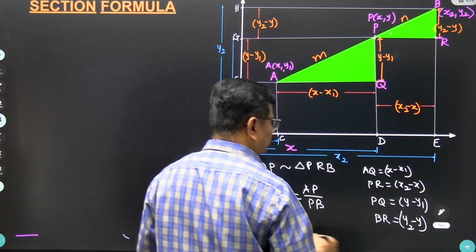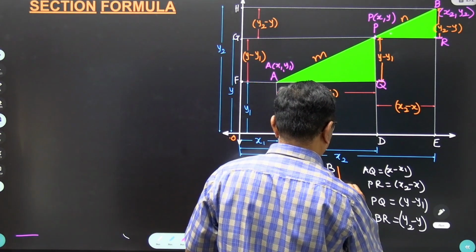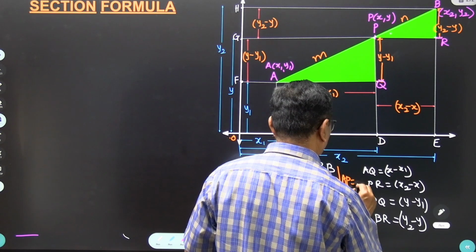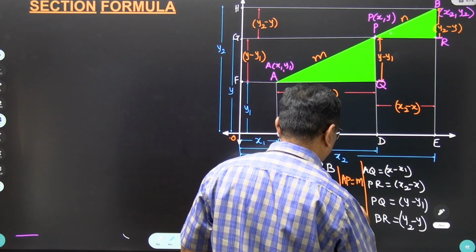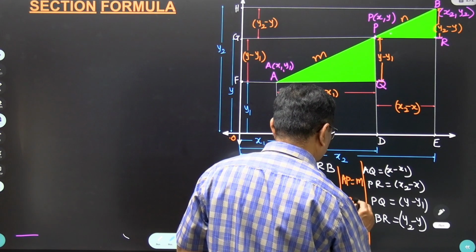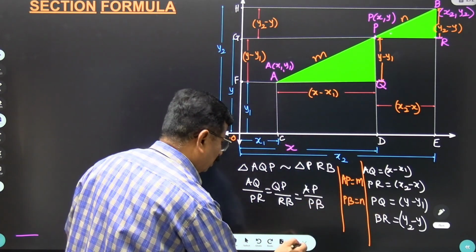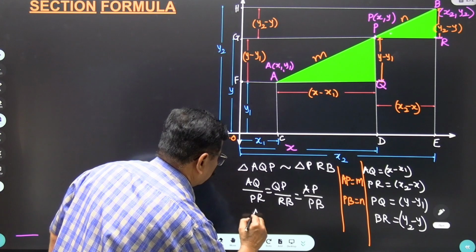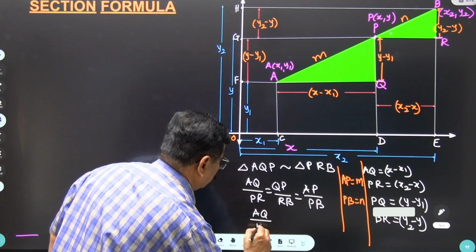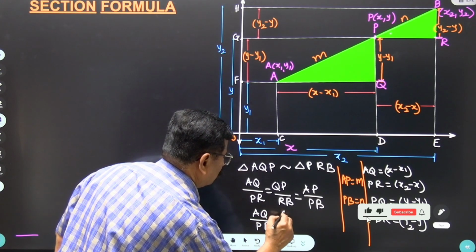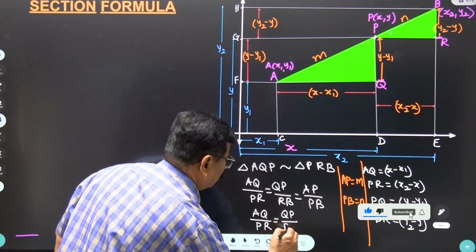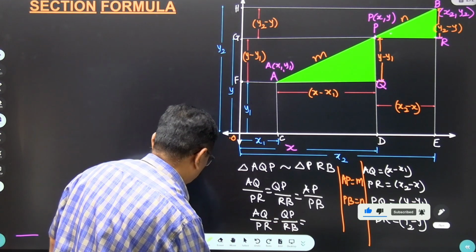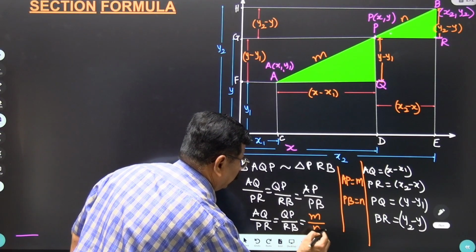Students, you must have noticed that AP is equal to M while PB is equal to N. So I can write this as AQ upon PR is equal to QP upon RB is equal to M upon N.